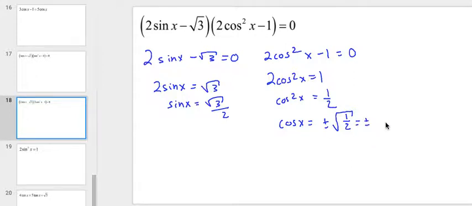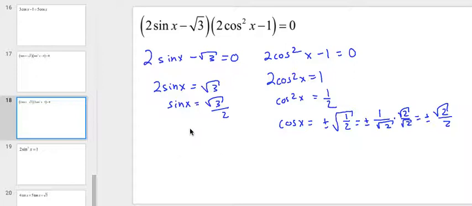So let's break this up. The square root of the top number is just regular 1, but we don't know what the square root of 2 is. If we were to rationalize the bottom by multiplying the top and bottom by root 2, we end up with plus or minus root 2 over 2, and this is a value that we do see on the unit circle.